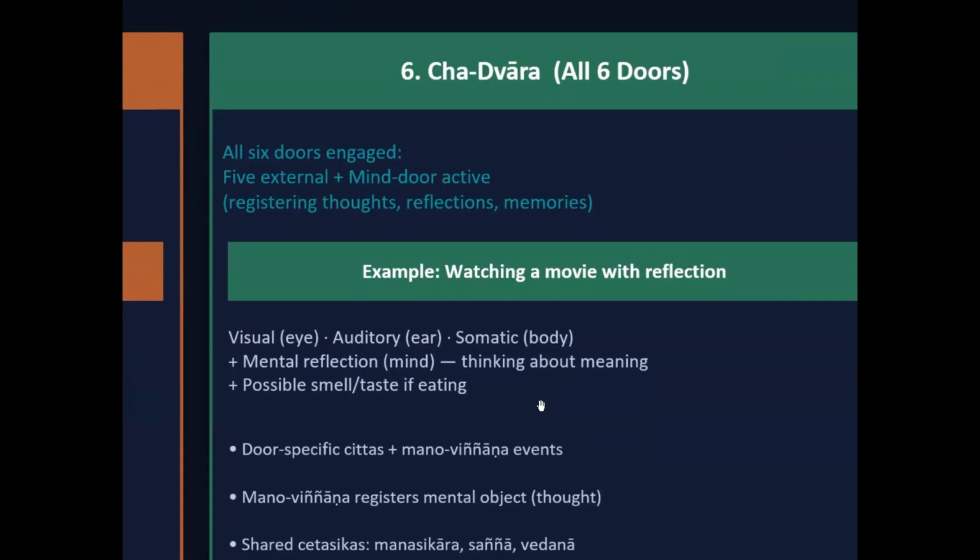All this affects your mind. So mental reflection on the mind starts to work. So you're thinking about the meaning of this movie. And then possibly the smell and taste if you are eating food together inside the cinema. So all these things work together, one after another.